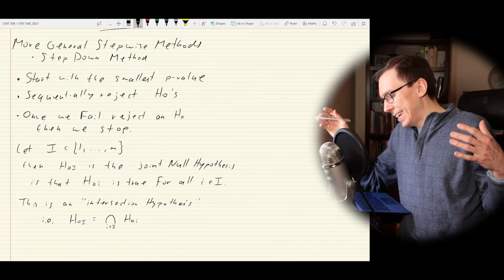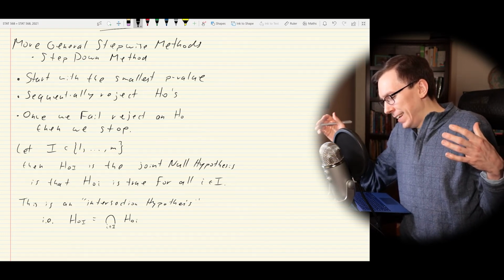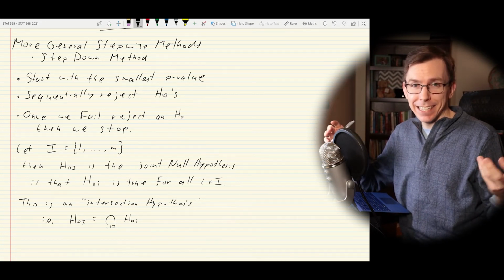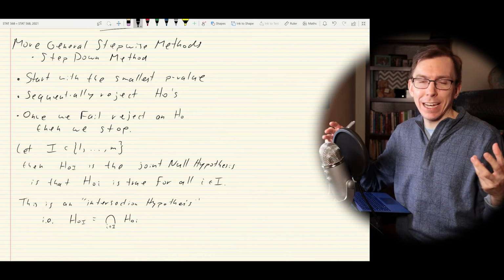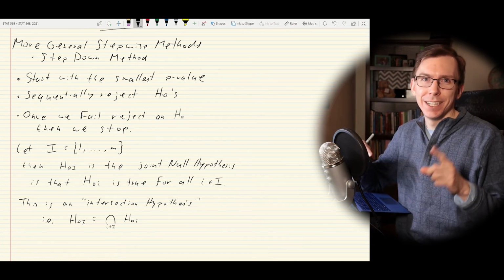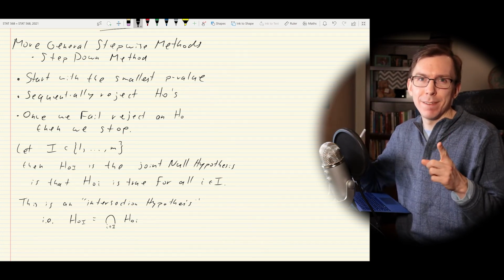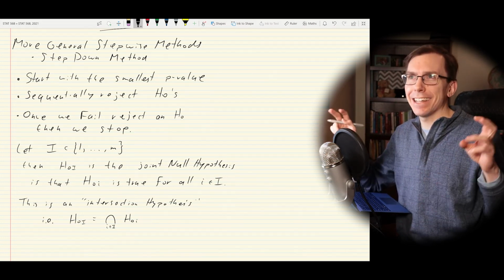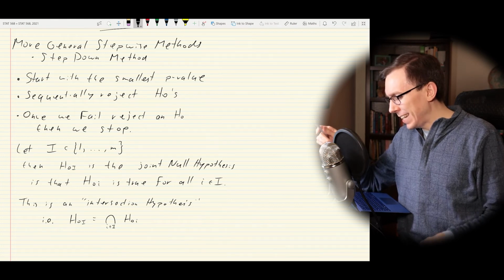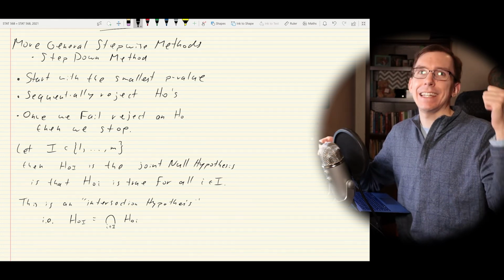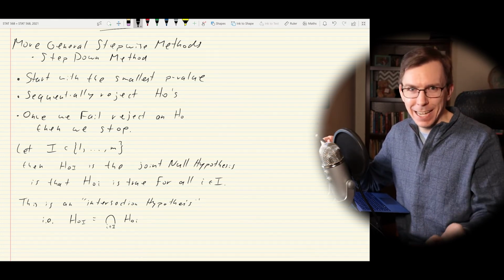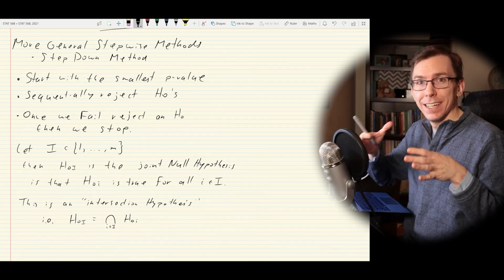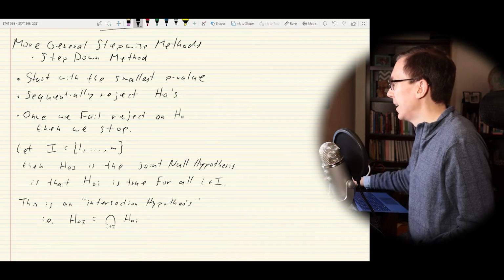So it's really just saying that it's true if all of the constituent hypotheses are true. Intersection means everything has to hold. Union means just one of the things has to hold. So whenever you see an intersection, it's an and. It's saying this hypothesis and this hypothesis and this hypothesis all have to be true if they're in this joint null.